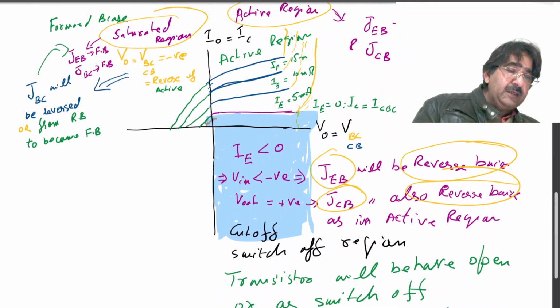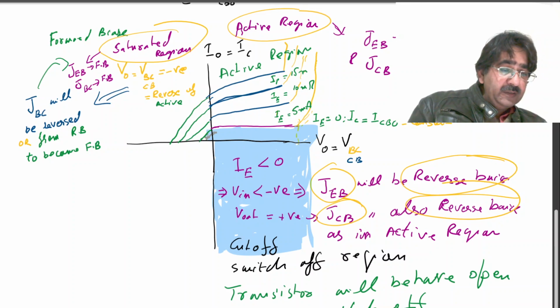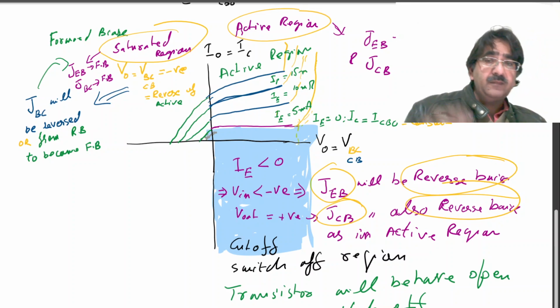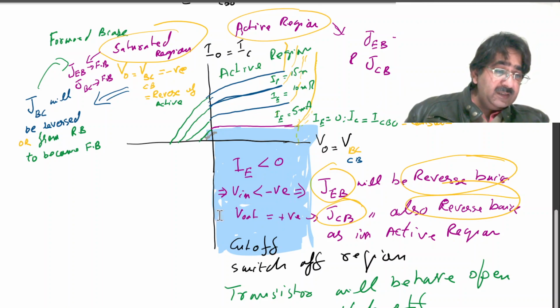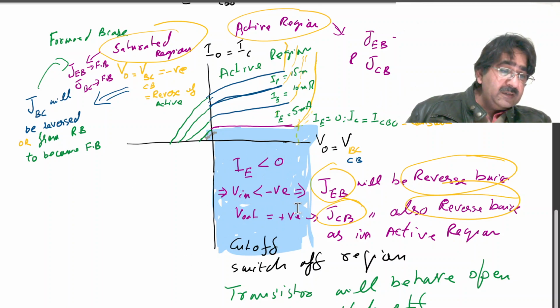For IE equal to zero, this region will be defined as cutoff.